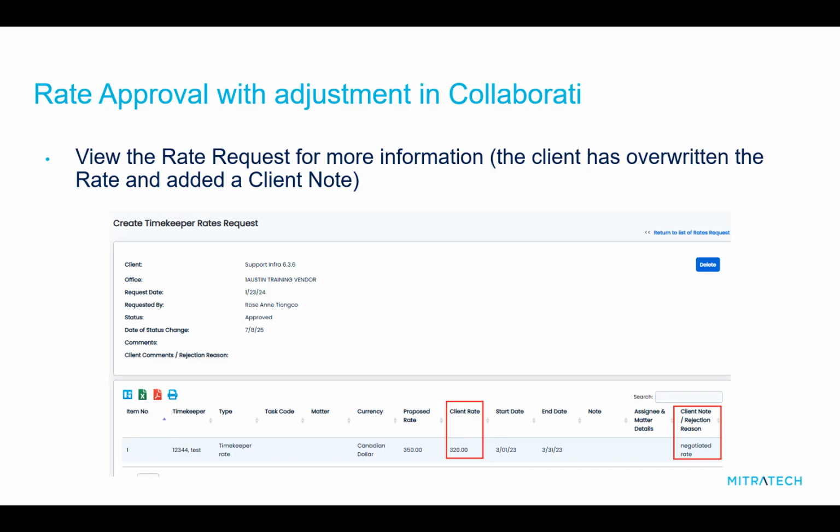The proposed rate was $350, but the client rate, which means the client reviewed and approved that rate, is $320. So this is the rate that the client approved, not the $350. And on the right, you can see the negotiated rate is the comment left there.